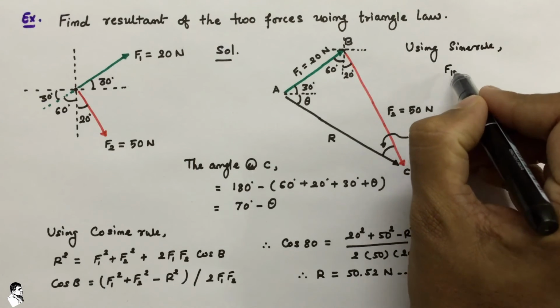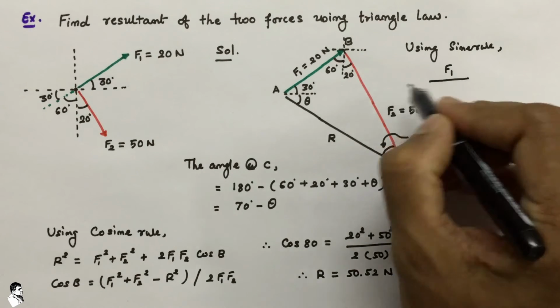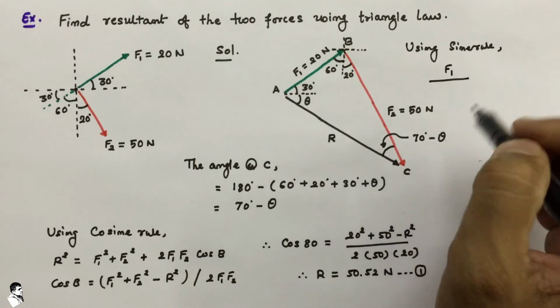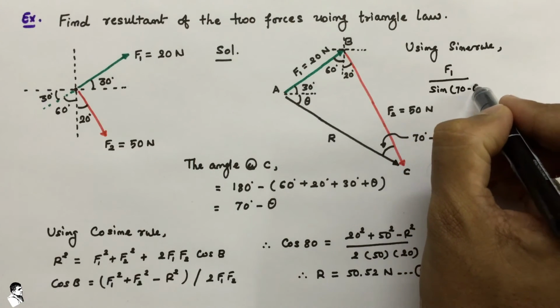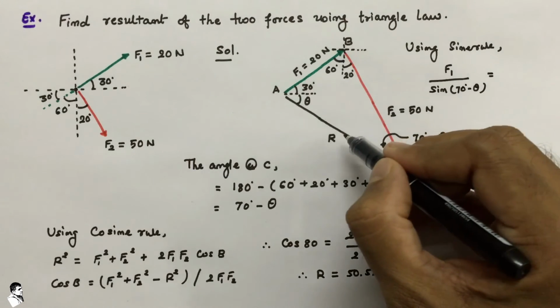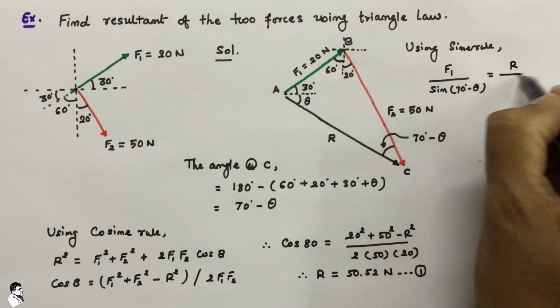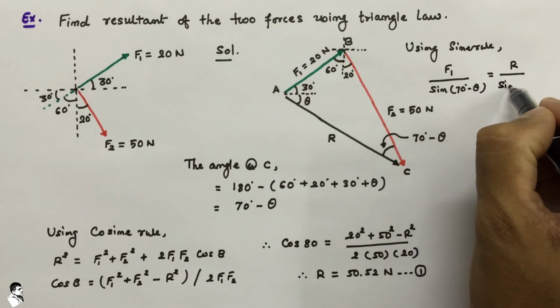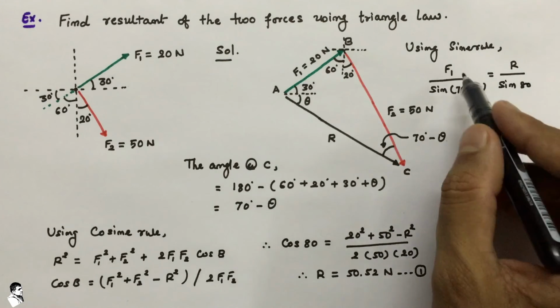We just put force F1 and the corresponding angle to that F1, that is 70 minus theta. So this is sine 70 minus theta is equal to R, and the corresponding angle is 80. So R divided by sine 80, right?